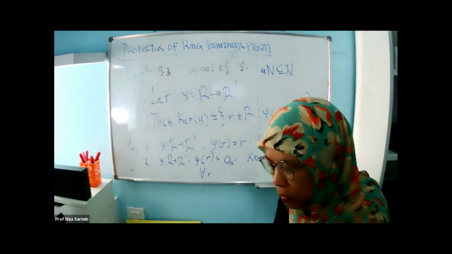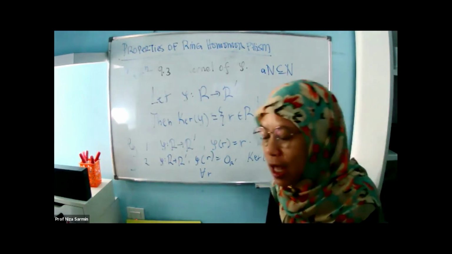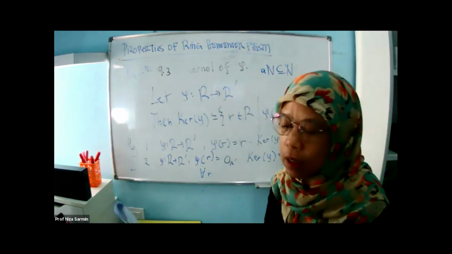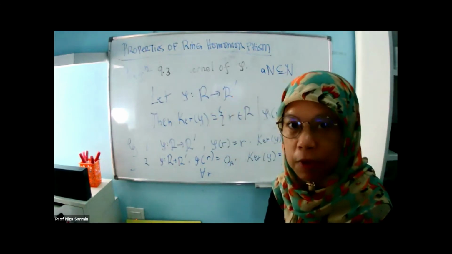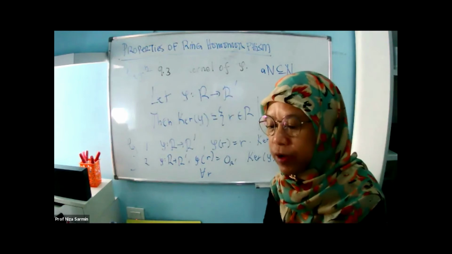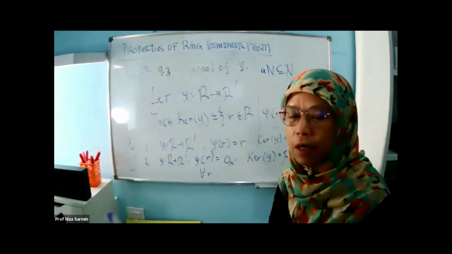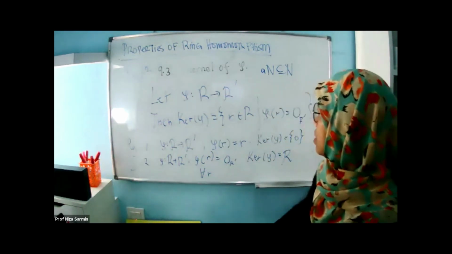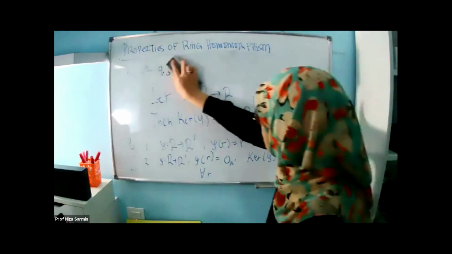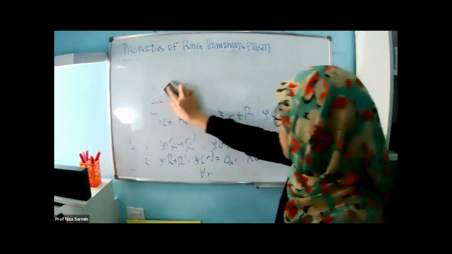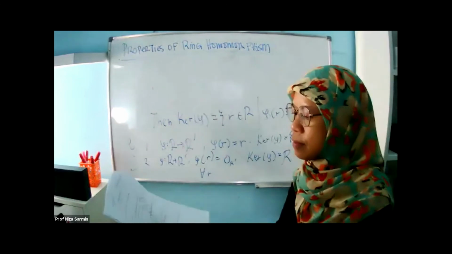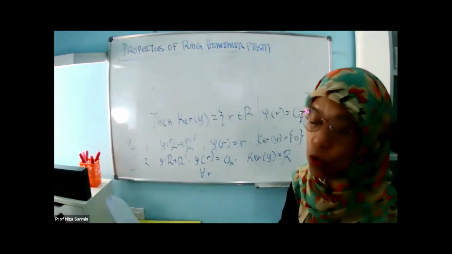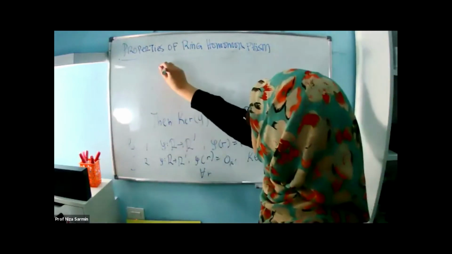For exercise 9.1, this is actually a quite simple property of a ring. It's quite straightforward. I will give you hints. It's by homomorphism. I think we did this for groups also.